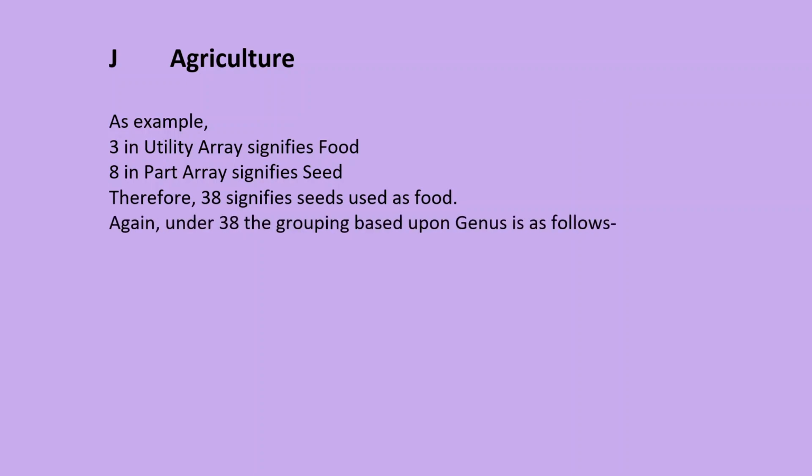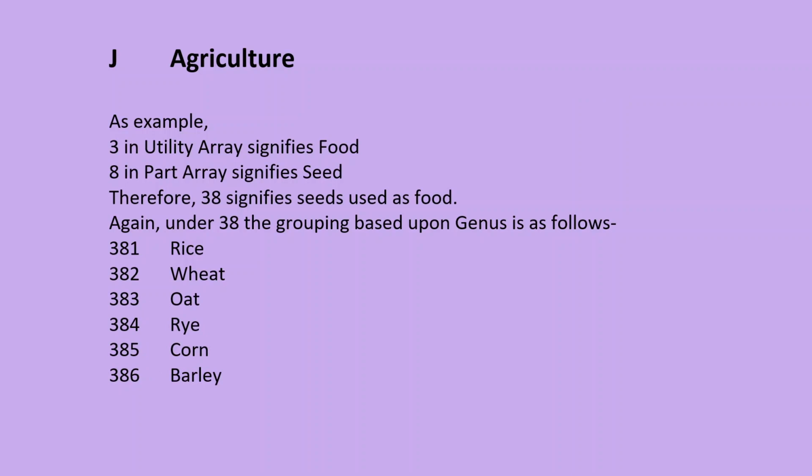Under 3, 8, the grouping of cultivars based upon genus is according to the favored category device. That is 381 rice, 382 wheat, 383 oats, 384 rye, 385 corn, 386 barley, 387 millet.